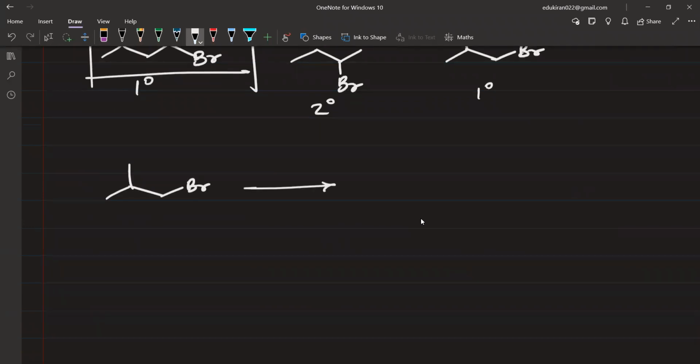Br reacts with alcoholic KOH. It is going to give you a double bond here. When you react this with HBr, in this case, you have two different, the red or the blue one. So Br is going to attach on the red one because that is more substituted.